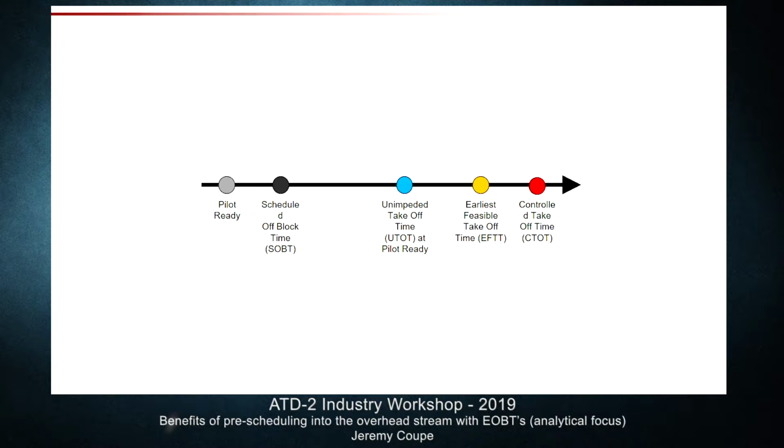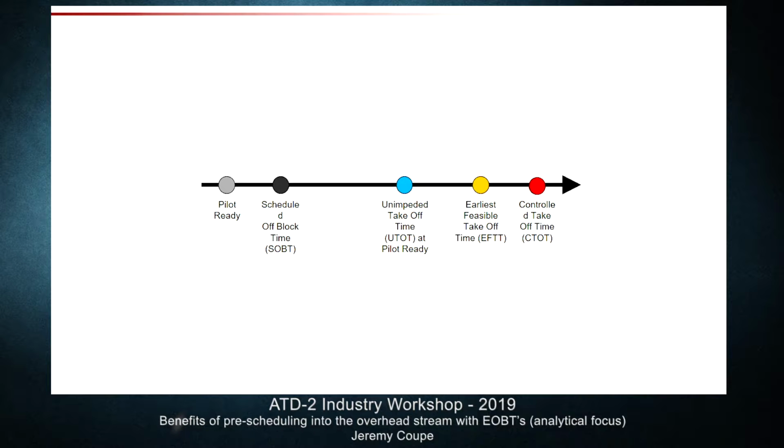Imagine that this black dot is the scheduled off-block time. This is when the scheduled off-block time is, but the pilot might be ready earlier or later than the scheduled off-block time. We never really know.